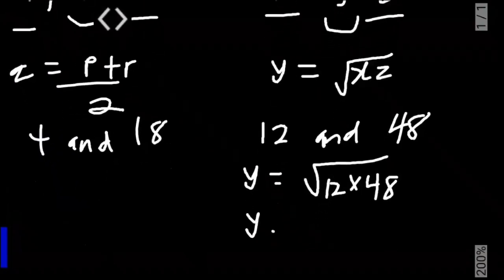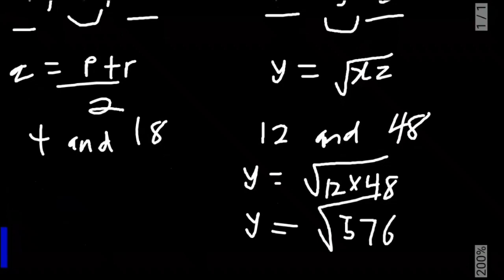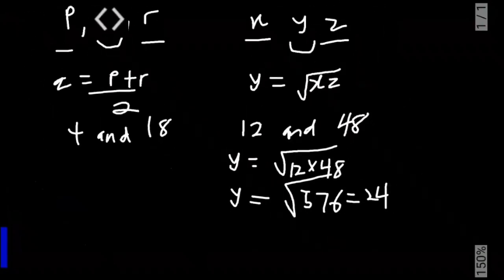And 12 times 48 is 576. The square root of 576 should be 24. Yes, 24. So this is the geometric mean. So between 12 and 48 we have 24.